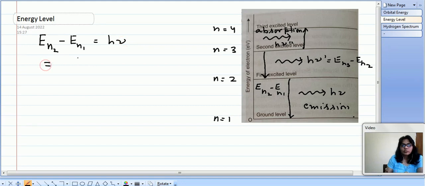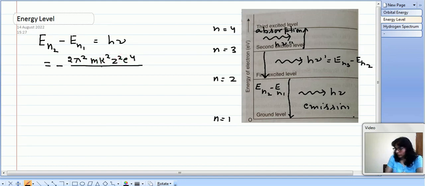From the previous relation, the value of En2 is minus 2 pi square m k square z square e to the power 4 divided by n square h square, so 1 upon n2 square, and then minus this whole factor 1 upon n1 square.